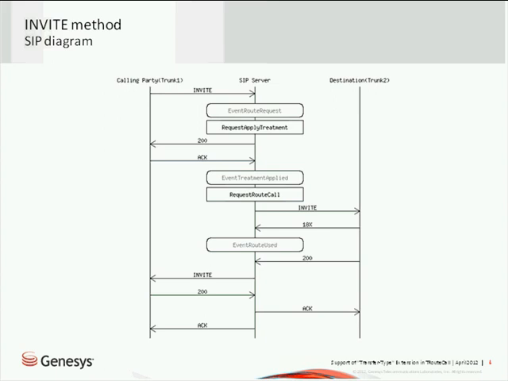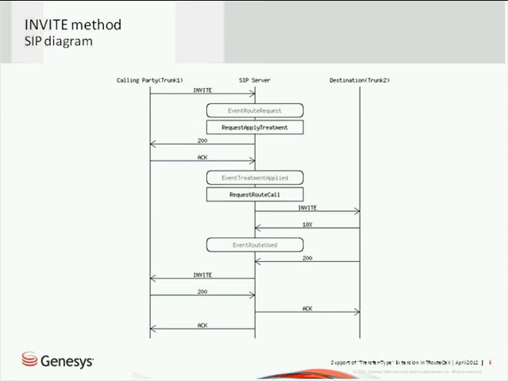SIP server will send invite to that trunk, will get some provisional response, for example, 180 ringing, and that provisional response will be interpreted as success of routing.